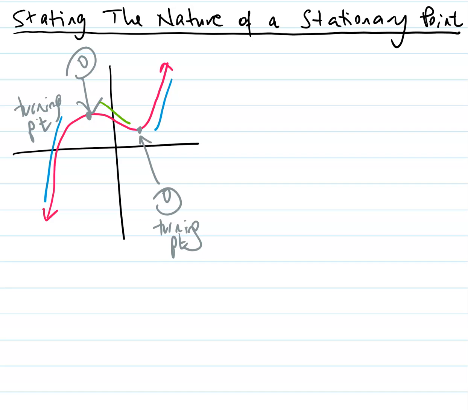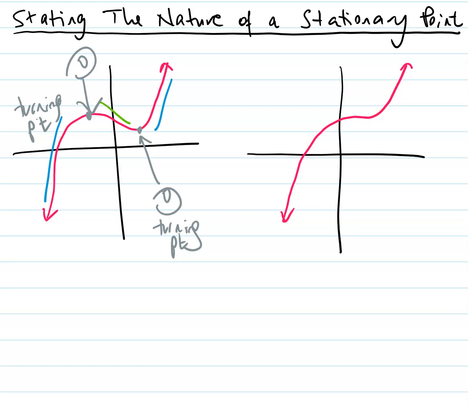A point of inflection looks a little bit different, but we find them the exact same way. A point of inflection would be on a curve that wasn't so curvy, wasn't so rounded. Would look something a little bit more like that. So here again we have a cubic, but this one we have a positive gradient here.